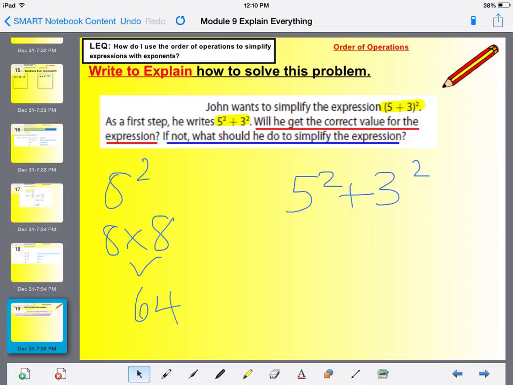Well, 5 squared is 25, plus 3 squared is 9. So that's going to give us an answer of 34. And no, he is not going to get the correct value. And in this example, it's so very important that we note that if you do not work what's in the parentheses first, nor follow the order of operations, you will get an incorrect answer.